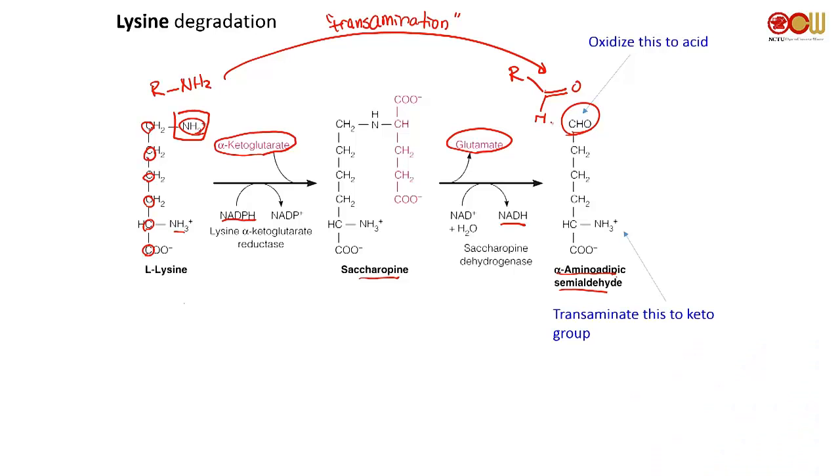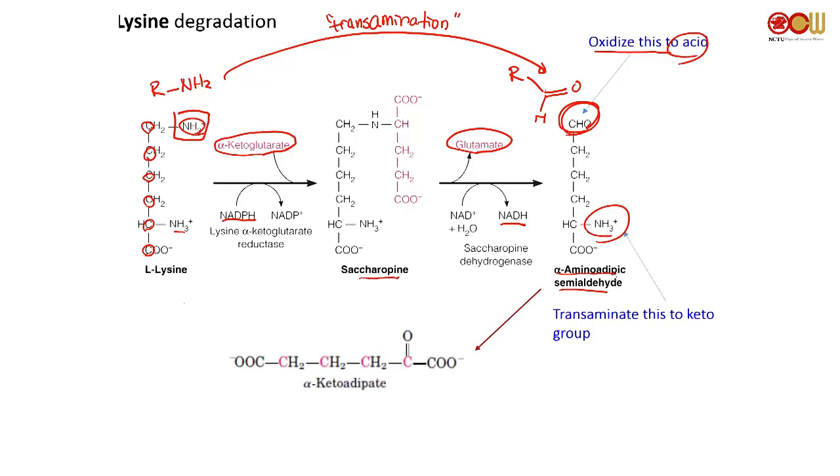我们都会把不同的 aldehyde 变成 acid。Okay, so what we're going to do is we're going to oxidize the aldehyde into an acid, and then we're going to transaminate this amino group into a keto group, such that you end up with this thing called alpha keto adipate. Okay, alpha keto adipate.